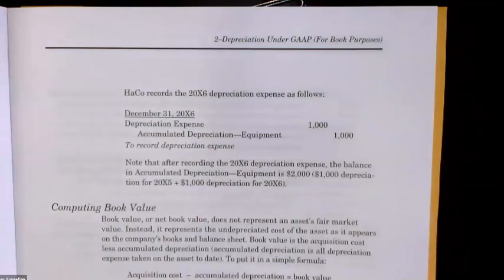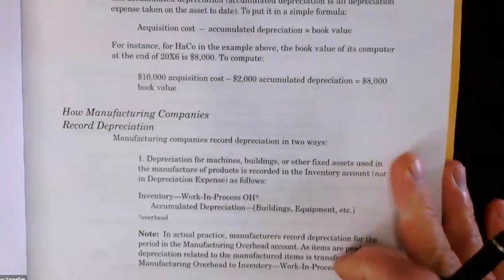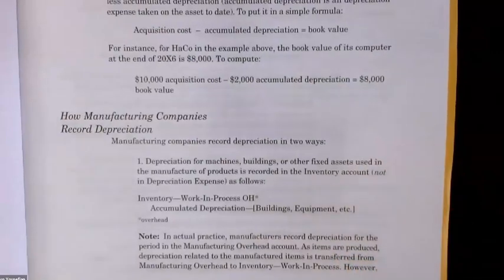That's in your office. But because you have a factory also, in the factory you have equipment that you need to depreciate. Anything in the factory that you are depreciating will not be recorded as depreciation expense in any shape or form.